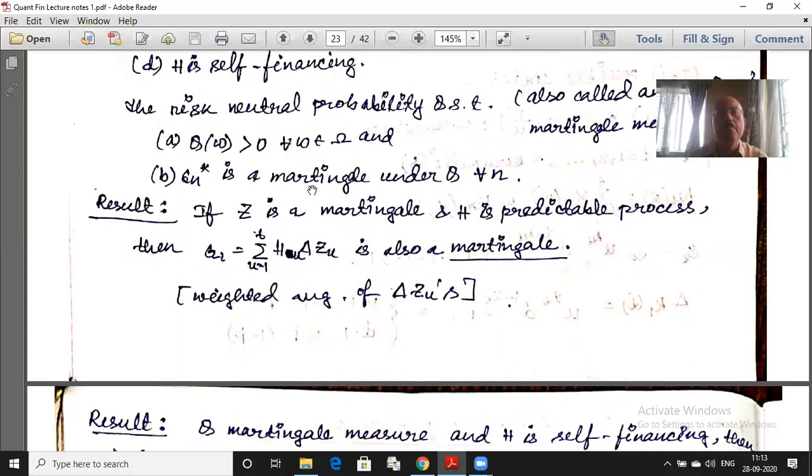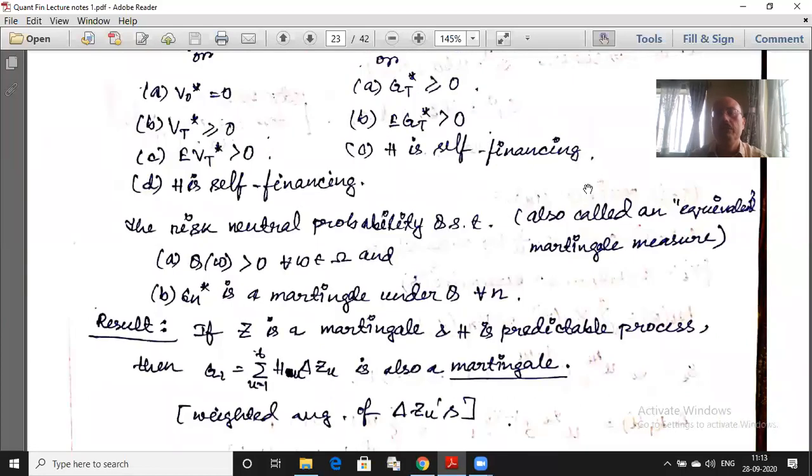And that's why the risk neutral probability is also called equivalent martingale measure. So it is a measure because it's a probability. It is called martingale measure because it makes all the Sn stars martingales.